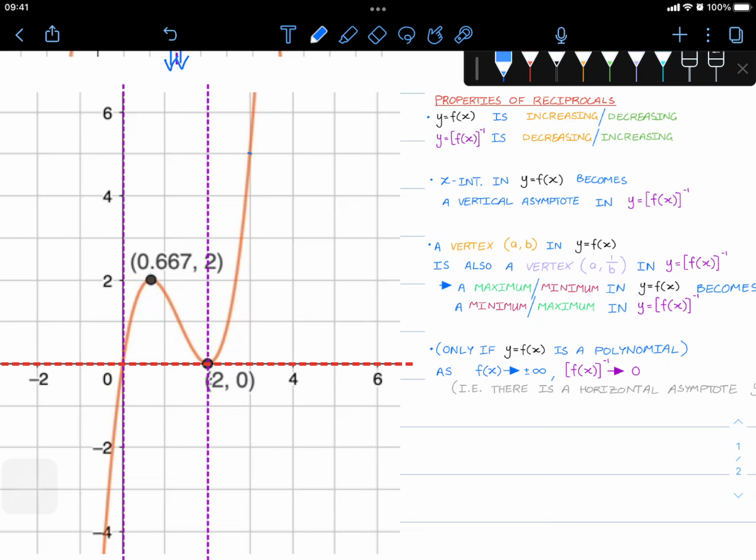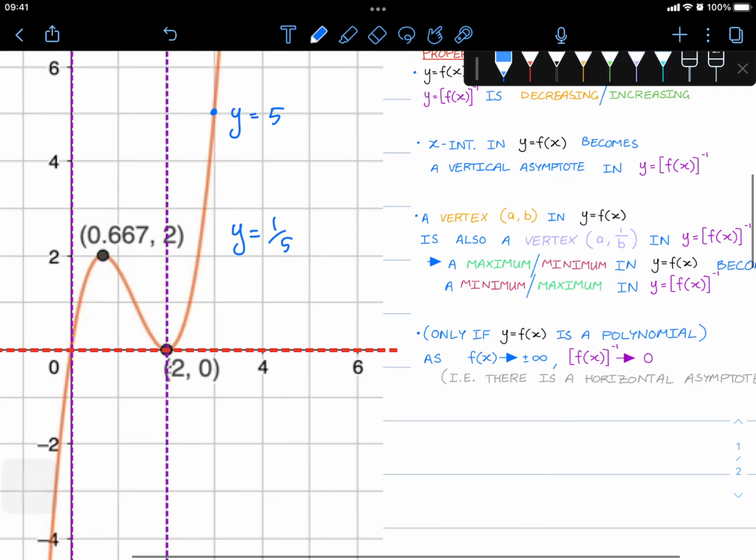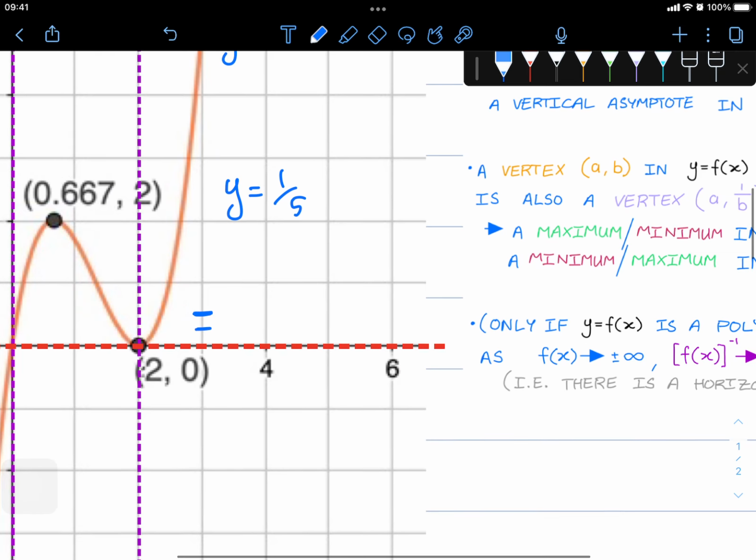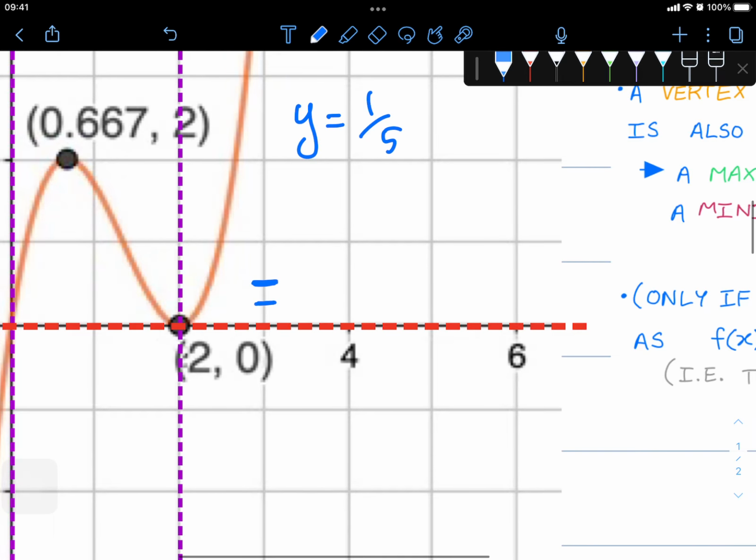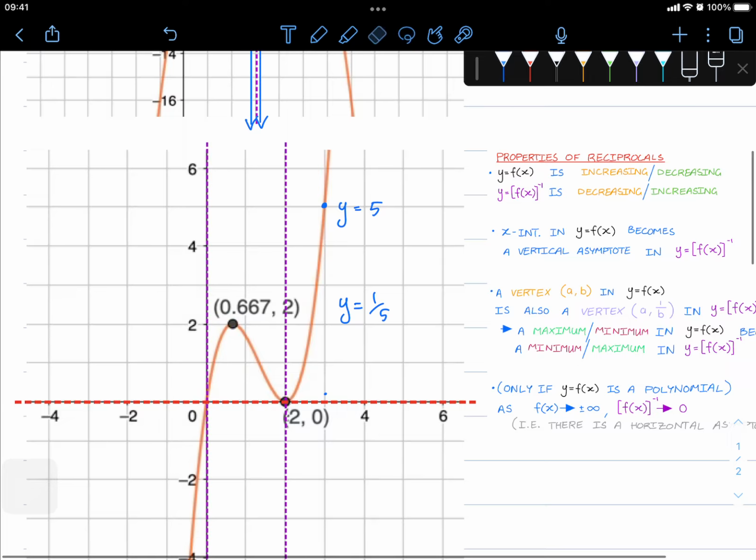This point here is y is equal to 5. Its reciprocal is y is equal to 1 over 5. So this is half, this is a quarter, which is 0.25. So very close to this is 0.2, which is 1 over 5.